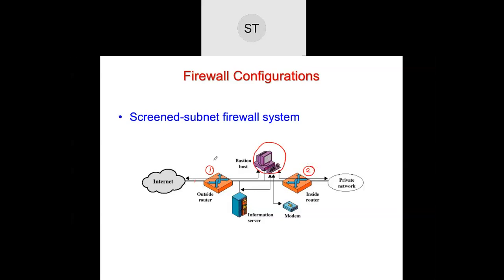So two levels of filtering. I can implement different rules here and different rules here, and in between, I'm keeping my entire server range, which is typically called the DMZ. Okay, this is the third configuration which is widely used.